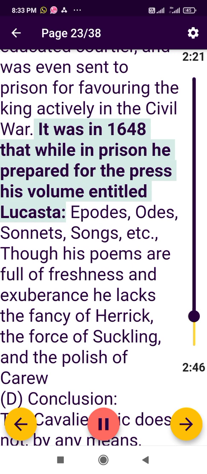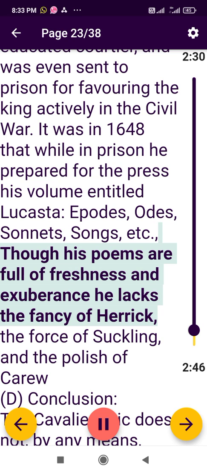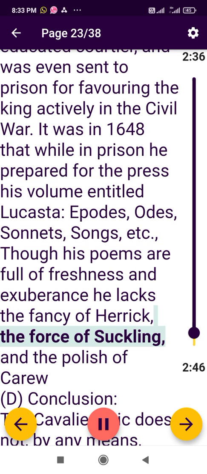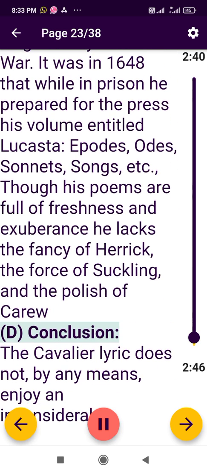It was in 1648 that while in prison he prepared for the press his volume entitled Lucasta, Epodes, Odes, Sonnets, Songs, etc. Though his poems are full of freshness and exuberance, he lacks the fancy of Herrick, the force of Suckling, and the polish of Carew.